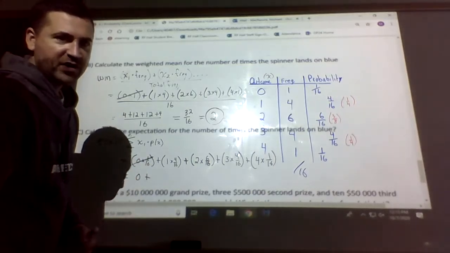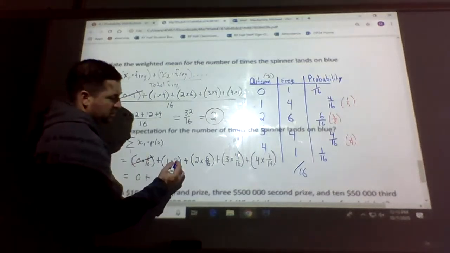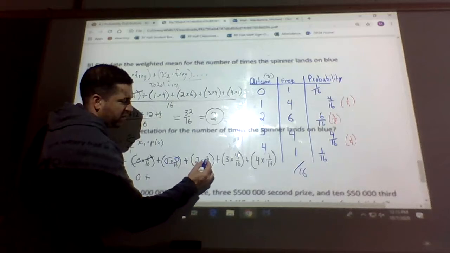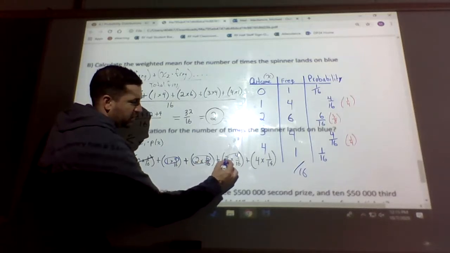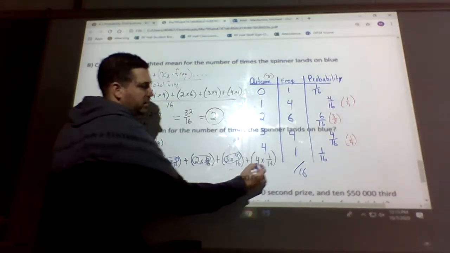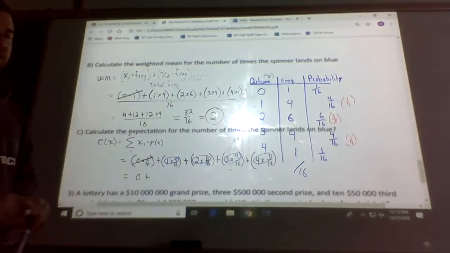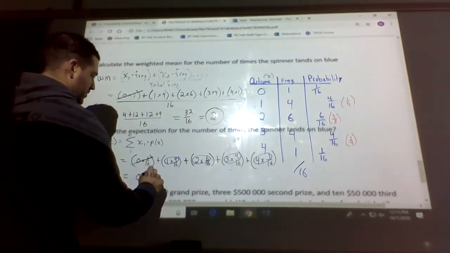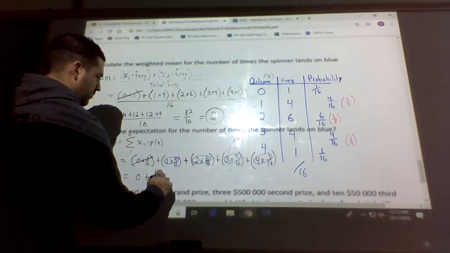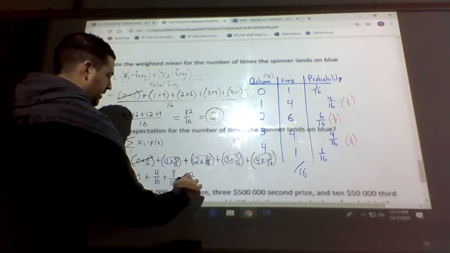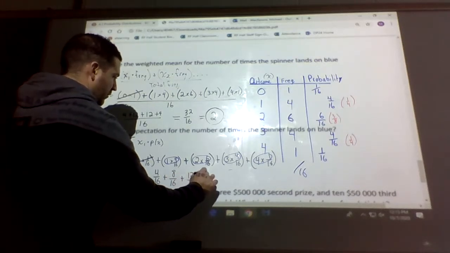Okay, how do we multiply fractions and whole numbers again? Recall, you multiply just the whole number times the numerator. If you want to add the 1 in the denominator, you can, but just multiply the numerator and keep the denominator. So we have 4 over 16 plus 8 over 16 plus 12 over 16 plus 4 over 16.